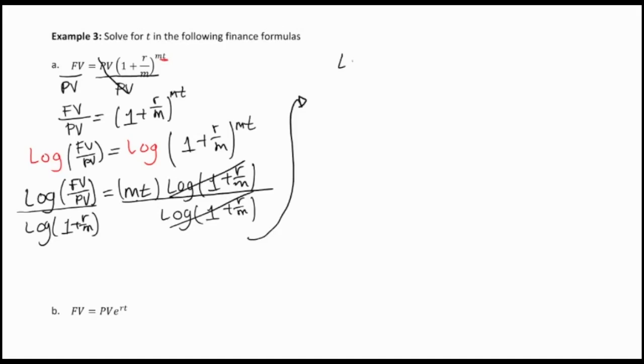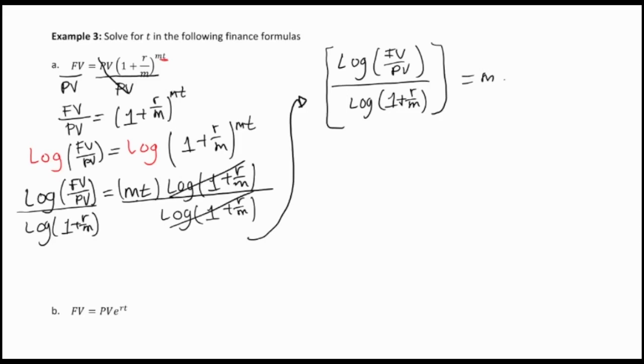So we have log of FV over PV over the log of 1 plus r over m, all equal to mt. Now we need to solve for t. m and t are multiplying. What's the next step? Divide both sides by m.